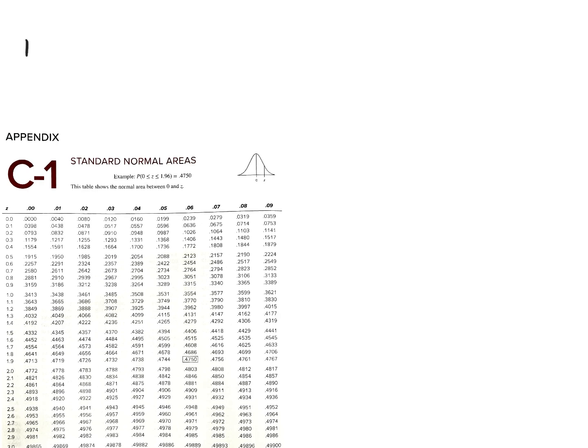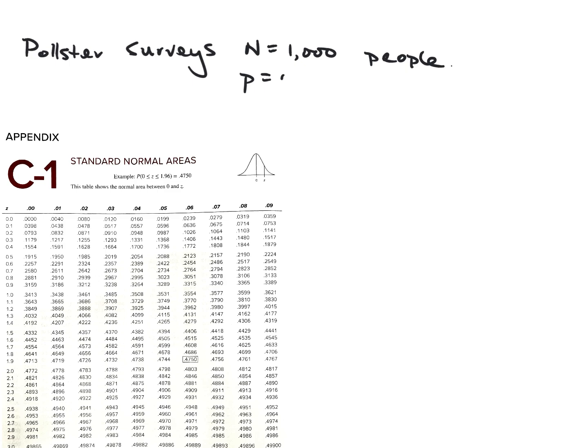Imagine that the pollster surveys n equals, let's do 1,000 people, and again, from a population where p equals 0.6 is the probability of a person supporting the candidate.